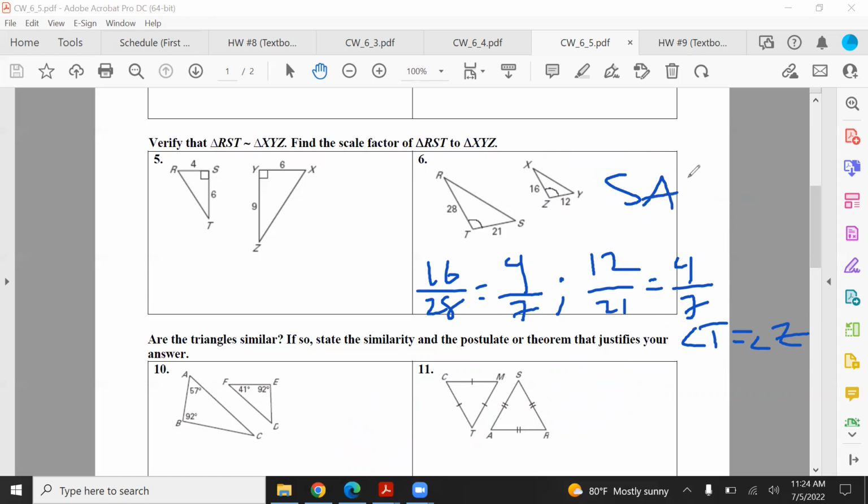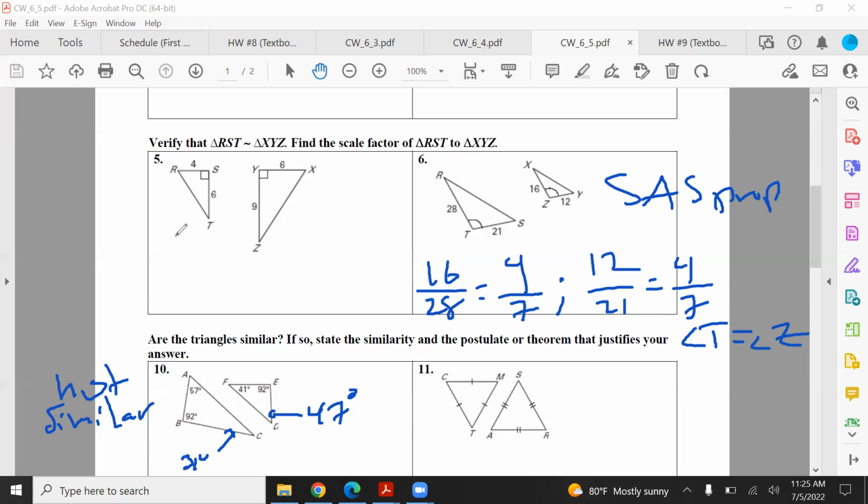That's side angle side proportionality, just so you know. For 10, that's going to be 31 degrees. That's going to be 47 degrees. We have a problem. Those are not similar. So that's number 10, because those angles don't match up.